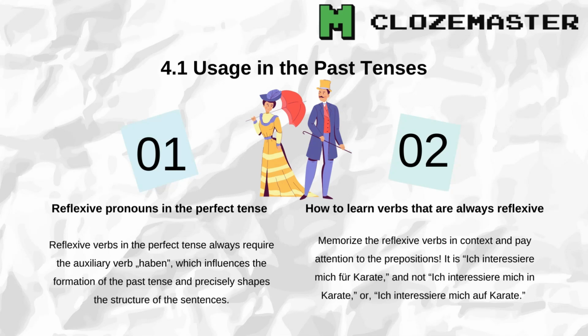Sie hat sich erkältet. Secondly, when you memorize these reflexive verbs, memorize them in context, in sentences, and pay attention to the prepositions. For example, to be interested in is sich interessieren für, literally translated to interest yourself for. You can't just substitute other prepositions and hope for the best, unfortunately.